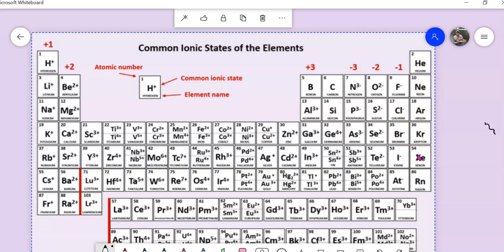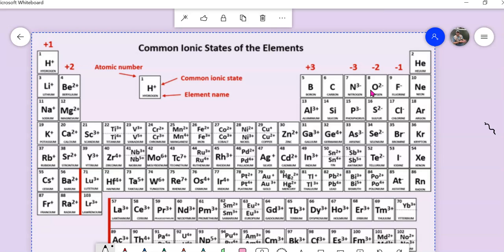If an element has an electron configuration similar to a noble gas, it's going to have the full octet, a full 8 valence electrons. So metals typically lose electrons, become positively charged to look like a noble gas, and nonmetals over here typically gain electrons to achieve a noble gas electron configuration.